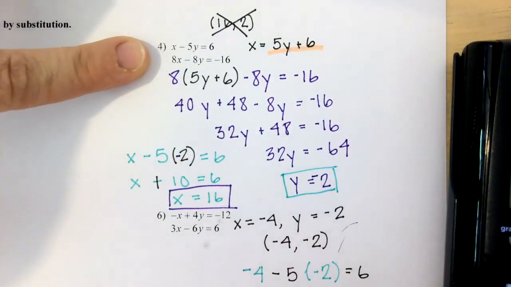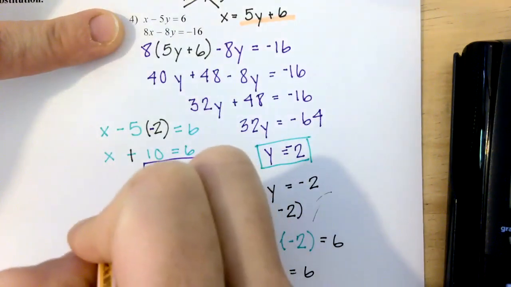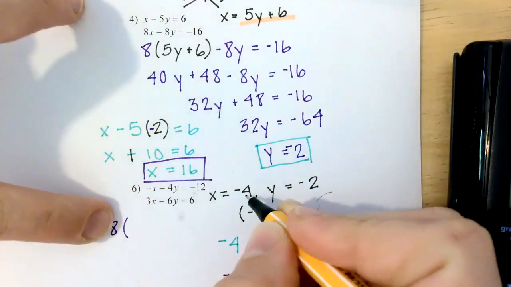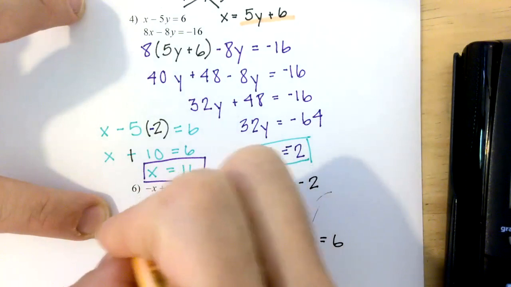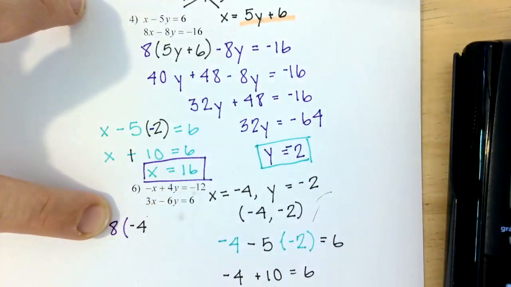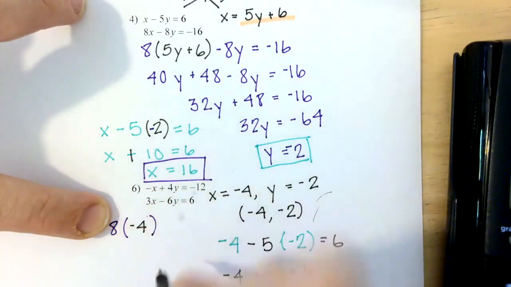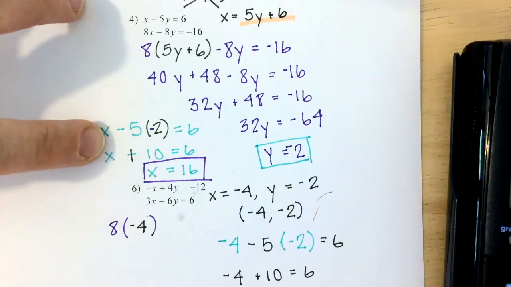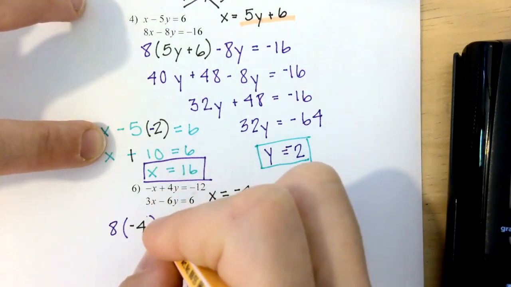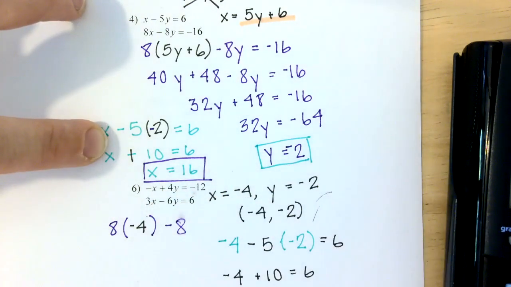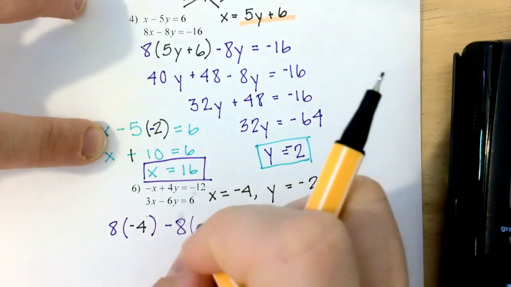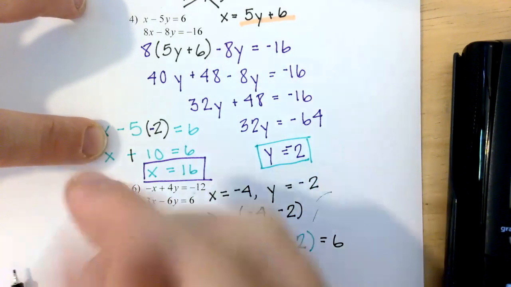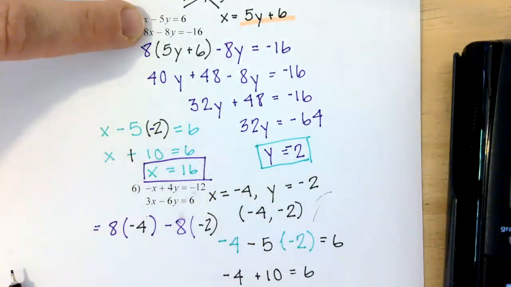We have 8x minus 8y equals -16. So 8 times -4 minus 8 times -2 should equal -16.